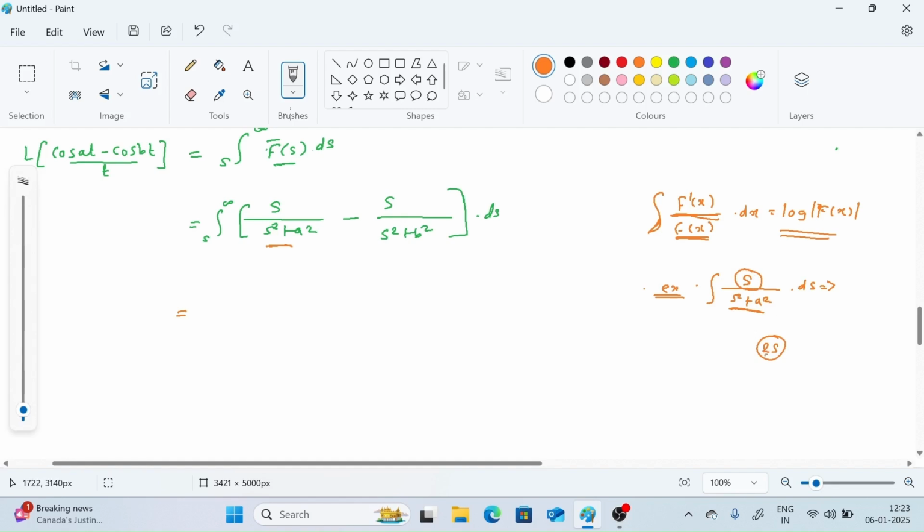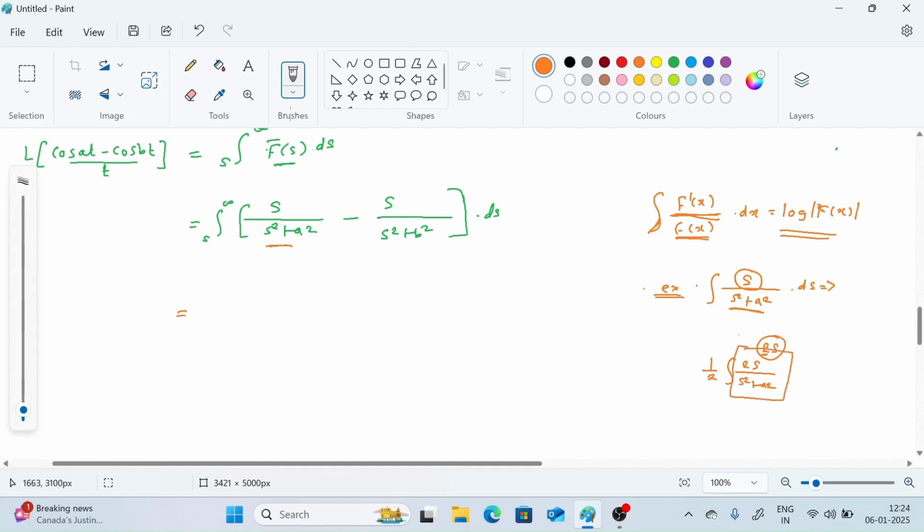Only 2 is missing. So in order to balance, what can I do? I can write 1 by 2 integration 2s upon s square plus a square. So I have balanced 2 so that I can get this formula in our scope.